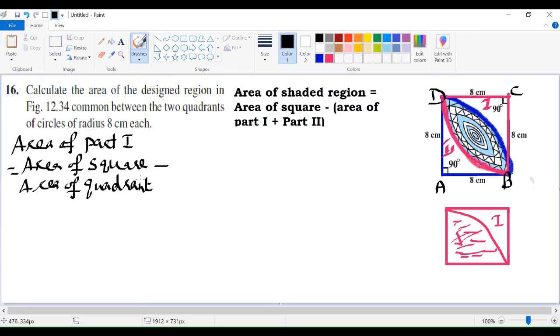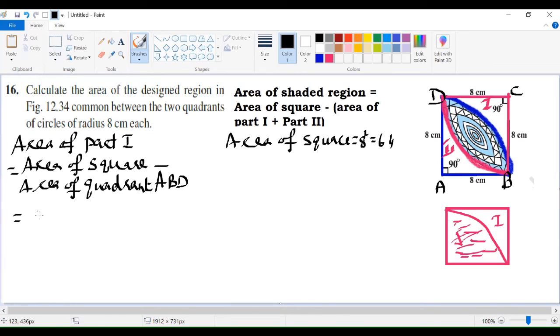Quadrant A, B, D. So area of square is 8 into 8, 64. So area of square equal to 8 square, that is 64.